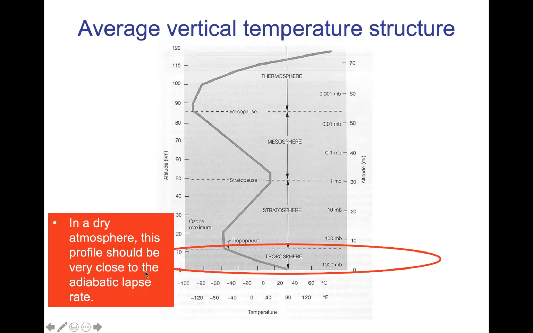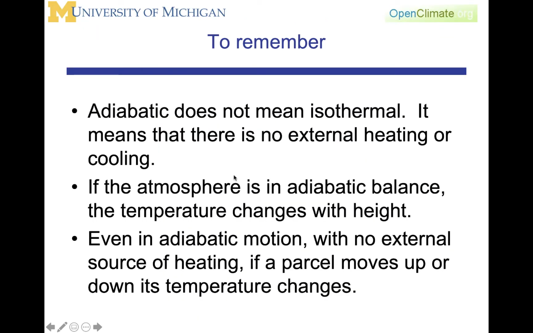In a dry atmosphere, this profile would be very close to the dry adiabatic lapse rate. Remember, adiabatic does not mean isothermal. It means there is no external heating or cooling.